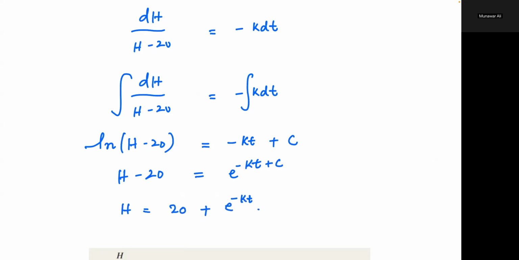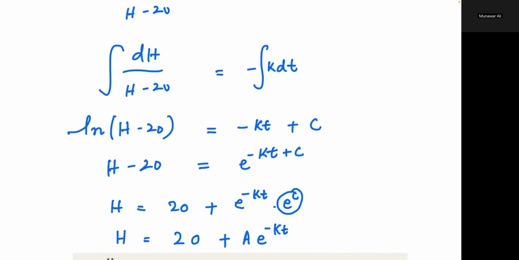But then I'm going to replace e to the c by some constant. So h is equal to 20 plus some constant, which is this guy, e to the negative kt. So this is the solution for that particular differential equation.